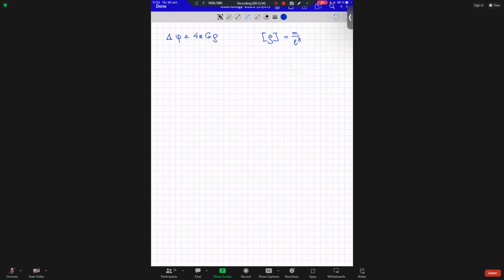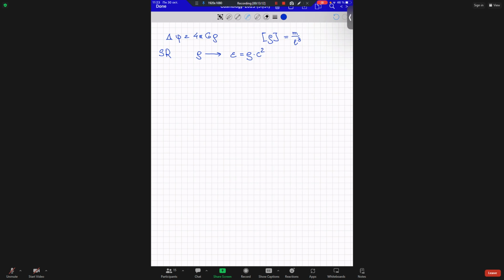So if we take into account special relativity, we need to go from the density of the body to the energy density, so to epsilon. It means that we need to multiply rho, which is just the volume density, by c squared, where c is the speed of light.